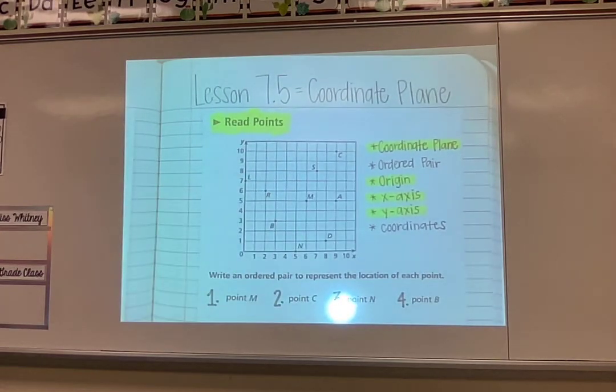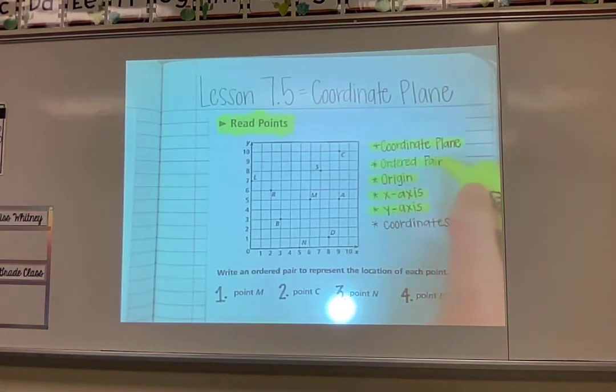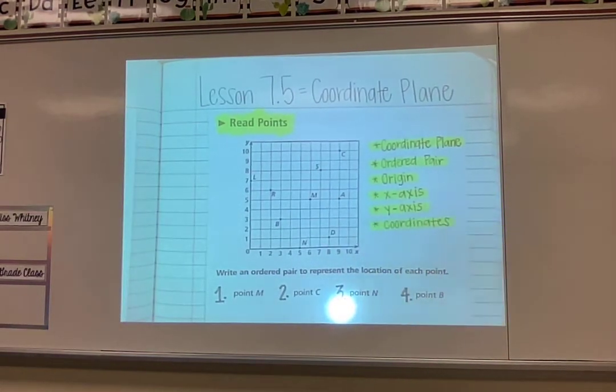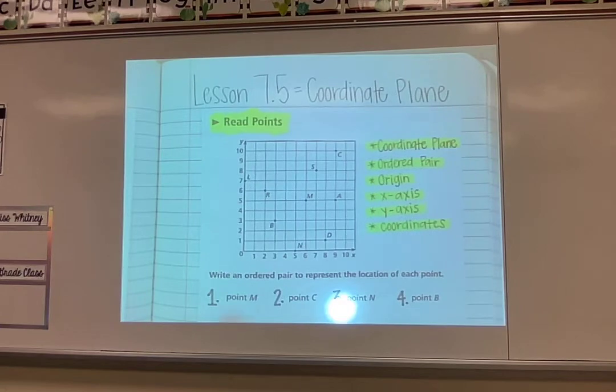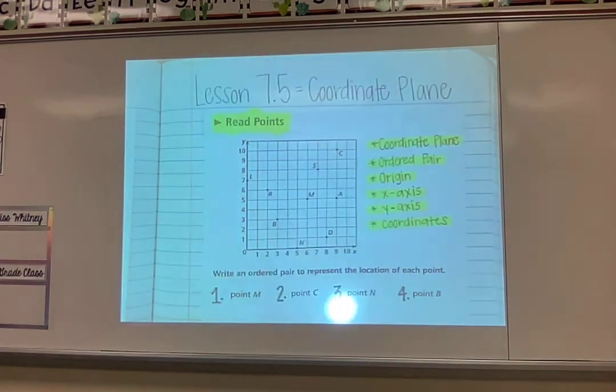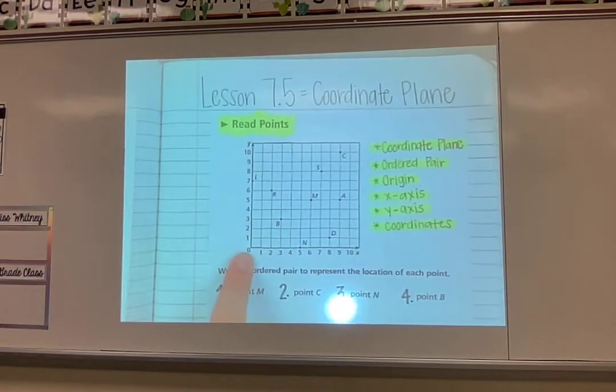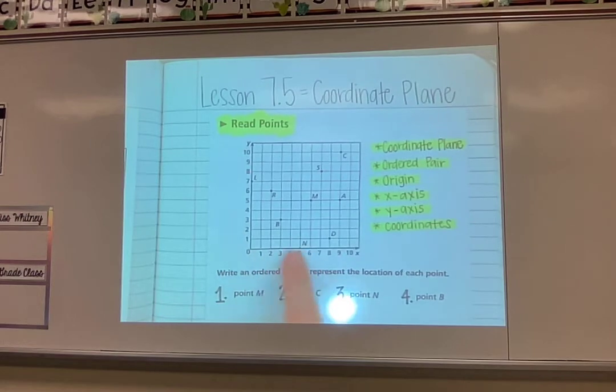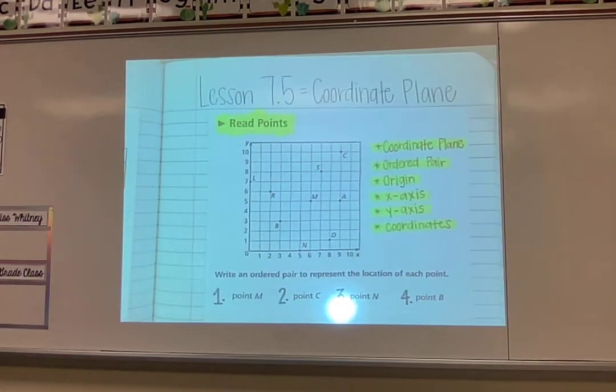We also have what's called an ordered pair or coordinates, and we'll get to those in a second. So the coordinate plane is the whole thing, the origin is at 0, the x-axis goes across and the y-axis goes up and down.